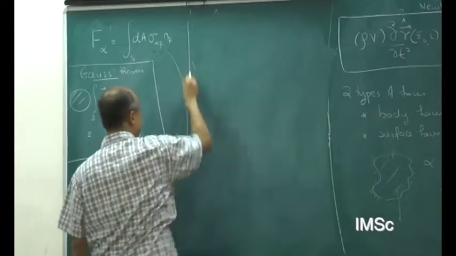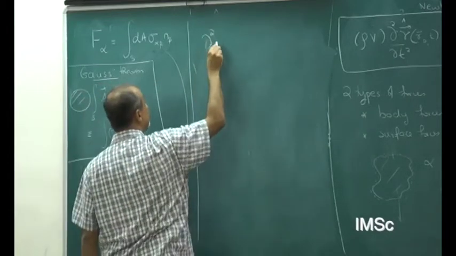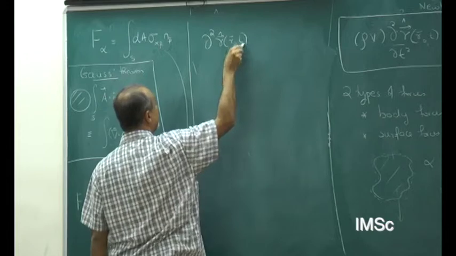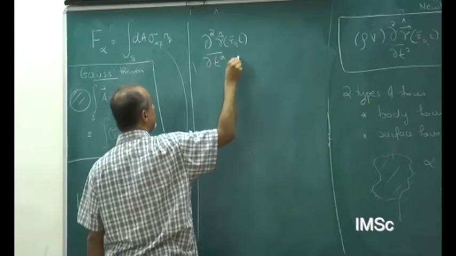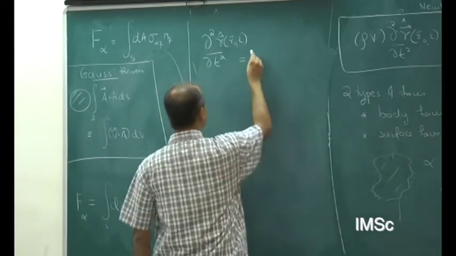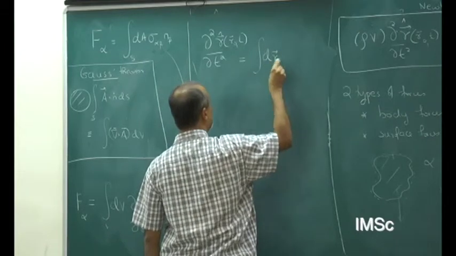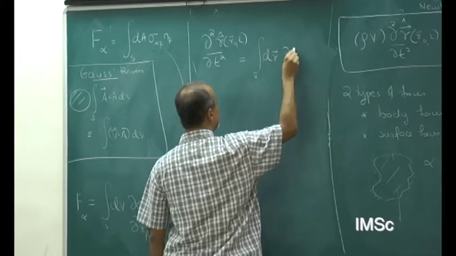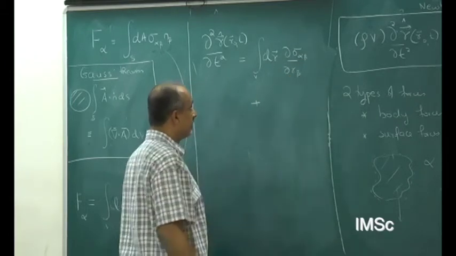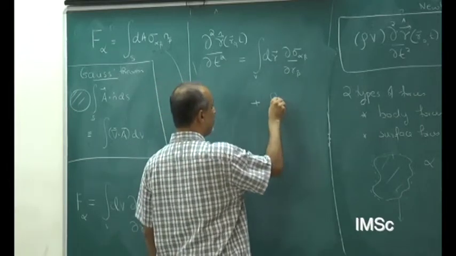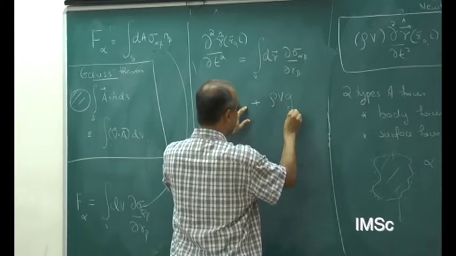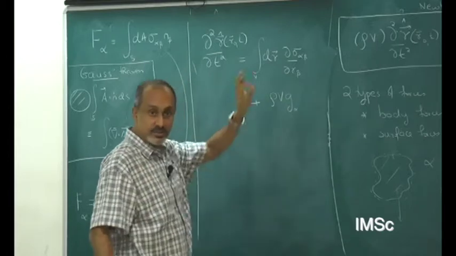And the full equation is delta squared r hat of r0 comma t by delta t squared equal to the integral dr over the little volume containing it, of delta sigma alpha beta by delta r beta, plus the bulk part, which is rho times the little volume times the force. Let us say the alpha component of the force, in this case this is m times g, so g alpha.